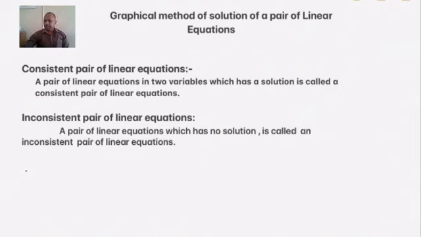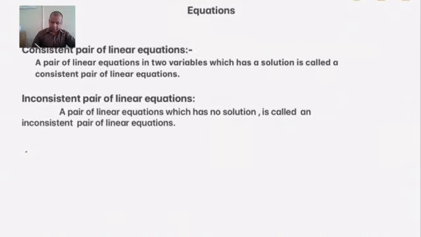We can now summarize the behavior of lines representing a pair of linear equations in two variables and the existence of solutions as follows. So, come to the behavior.